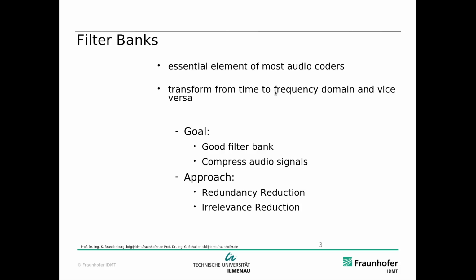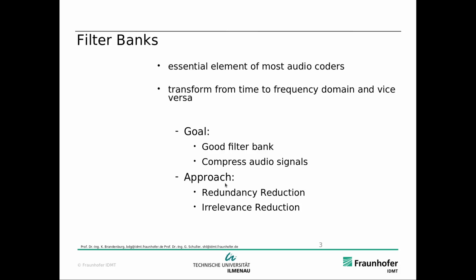So basically this allows us to decompose our signal into different frequency components. So the goal here is to have a good filter bank, which means good separation between subbands, for good compression of audio signals, meaning low data rate and high audio quality after decoding.